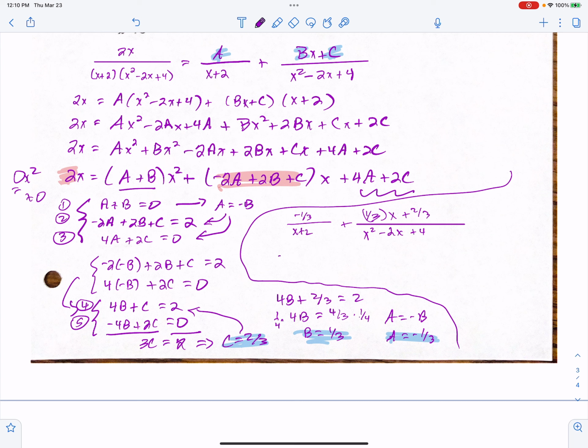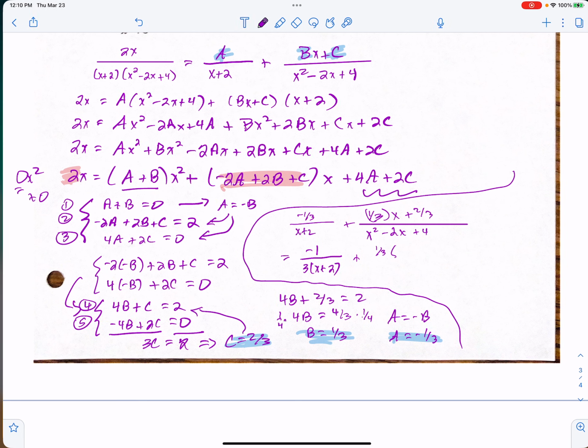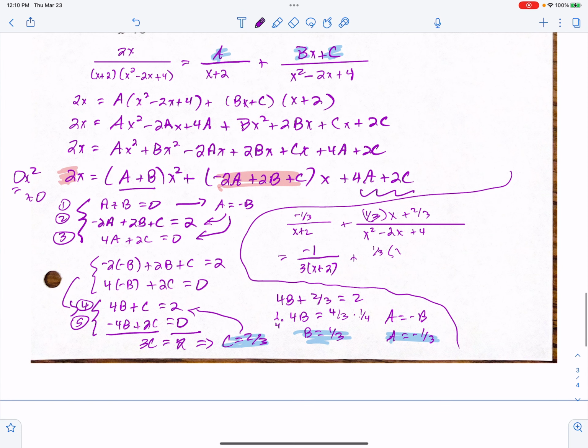And then this first one's going to be a negative 1 over 3 times x plus 2, as I talked about how the fraction comes out and multiplies in the warm-up. In the second part, it's a little bit more work because I want the fraction out of both terms, and so if I pull out a 1/3, I get an x plus 2. I have to do that first.